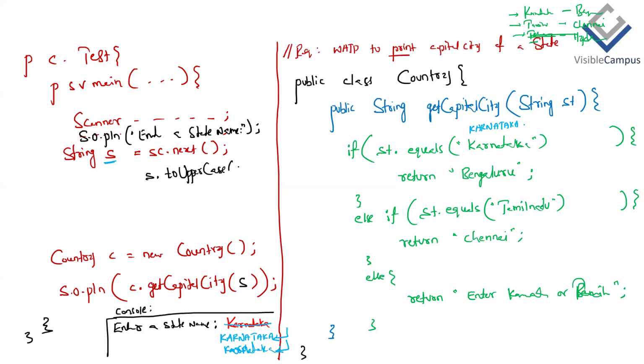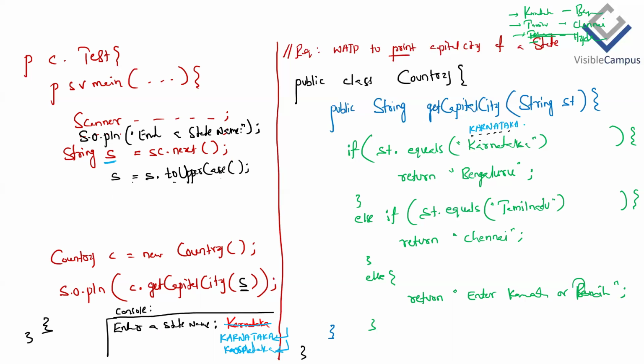Will it take an input? No. What does it return? A string once again. We can reuse the variable. So after that, the user can enter in any case, but this method will convert it into uppercase and it will match our compared value.